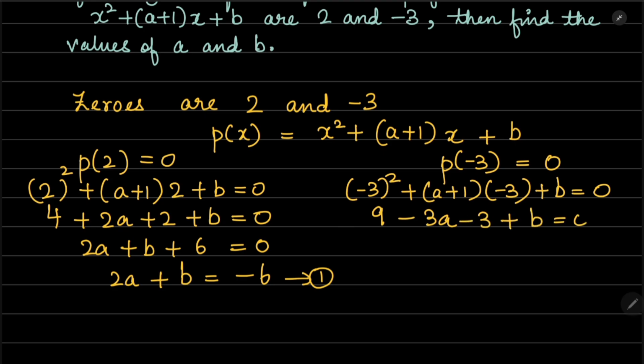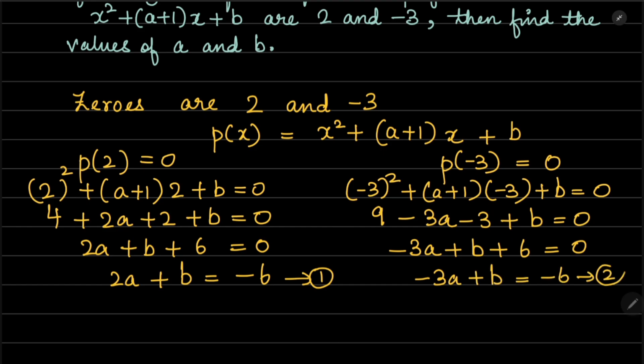Now, here's what you have to be careful. a multiplied by minus 3, minus 3a, plus 1 multiplied by minus 3 is minus 3. So be very careful with the signs. What do you get? Minus 3a plus b plus 9 minus 3 is 6 equal to 0. So minus 3a plus b equal to minus 6.